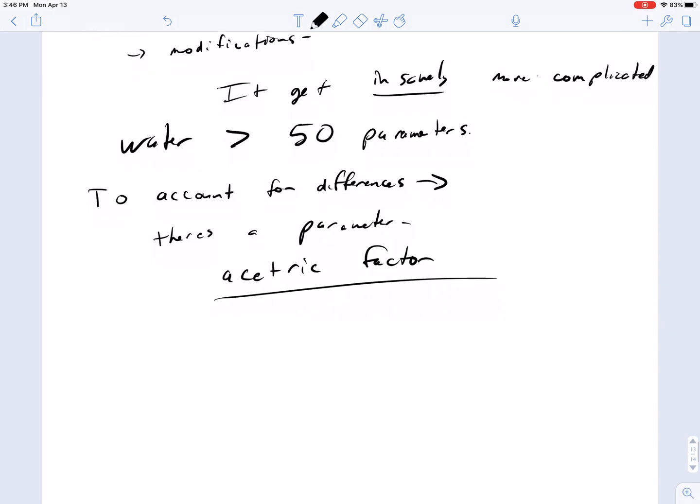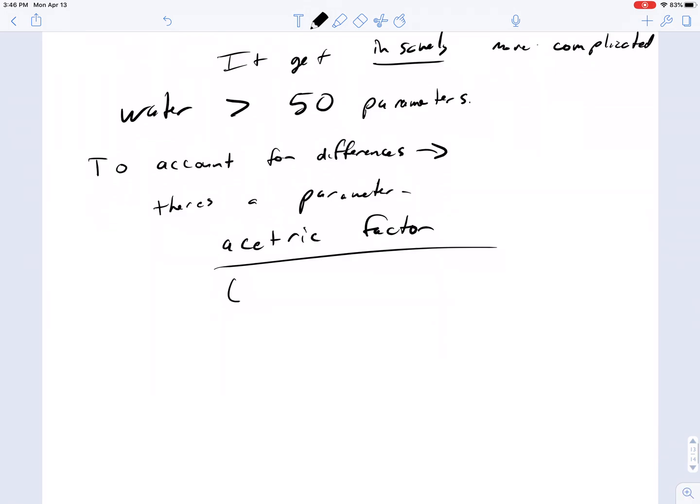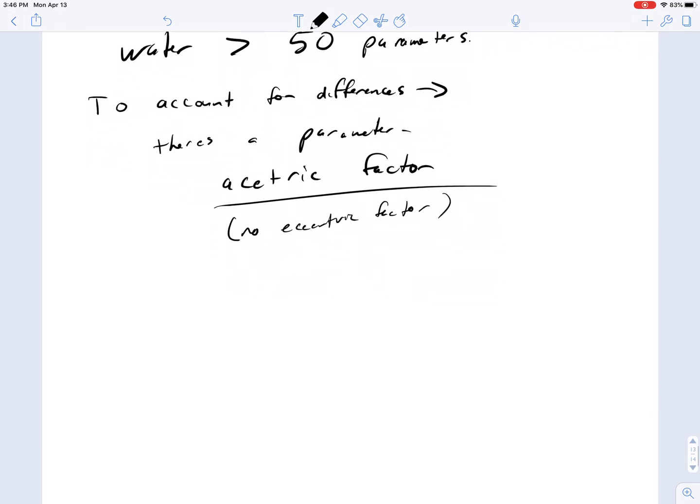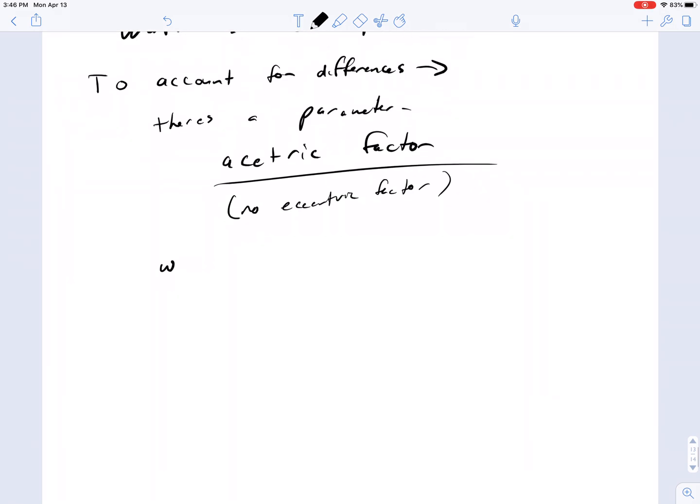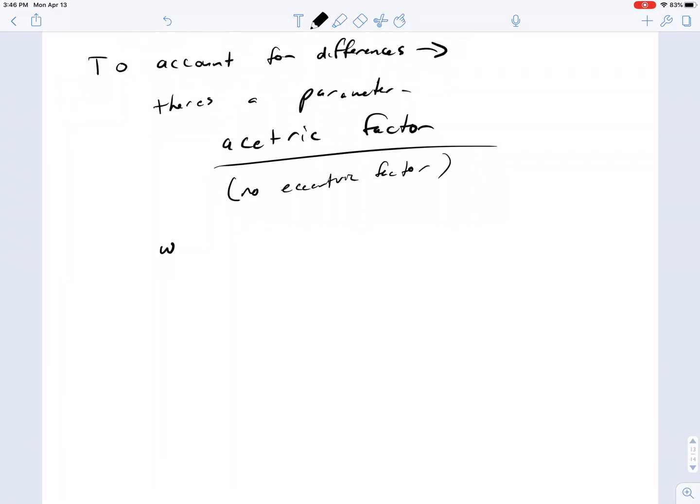Now, what is the acentric factor? This is not the eccentric factor, but it maybe has something to do with being somewhat eccentric. It's always given the symbol omega, little omega.